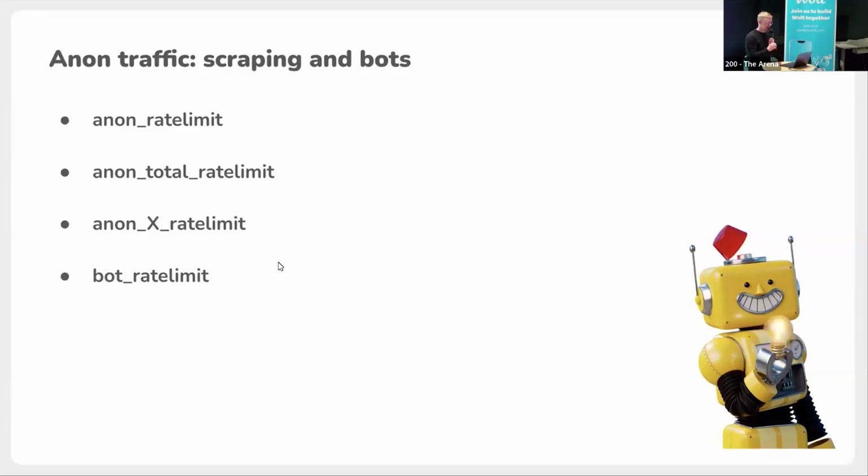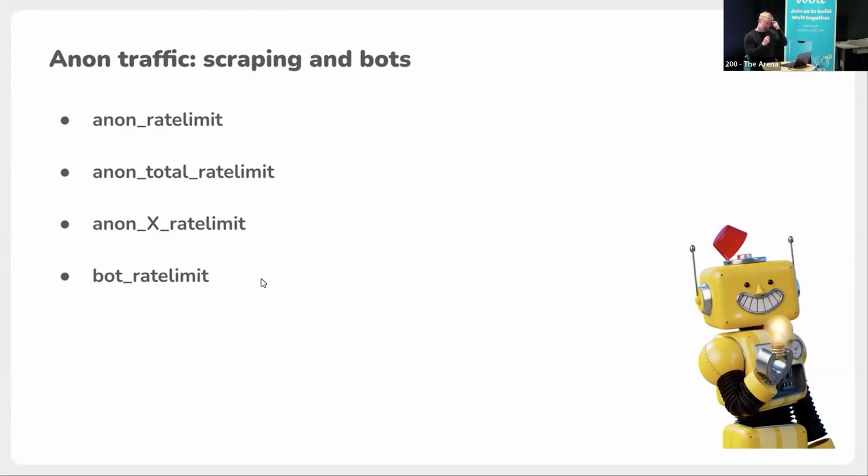And then also, as a reminder on the bot rate limit, remember to think of your SEO. There are a lot of bots that are not harmful to you. They're actually good for your platform, because you get visibility on something like Google.